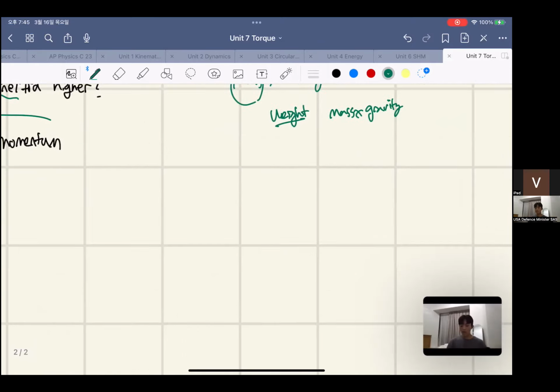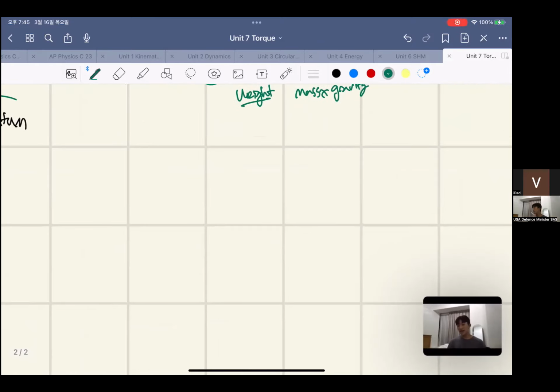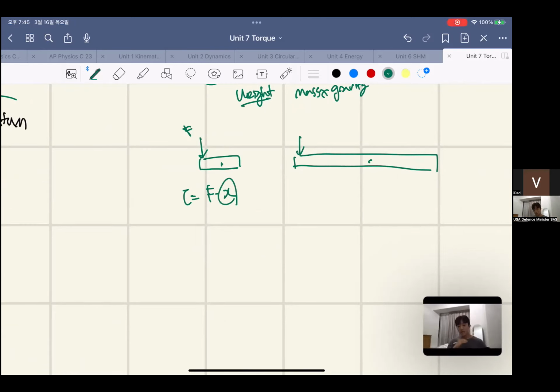Now, this might not be obvious, in fact, but let's think about it this way. You have two sticks. One stick is longer than the other, and you want to rotate both of them. If you rotate the first object with force F, then since torque is equal to F times X, if X is shorter, you will need less torque in order to rotate this object.